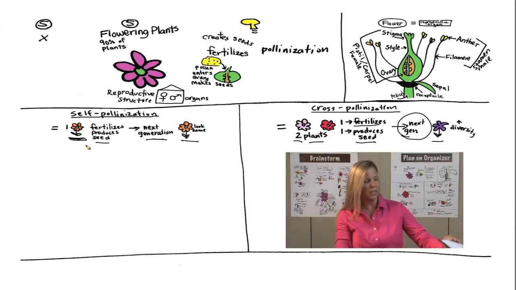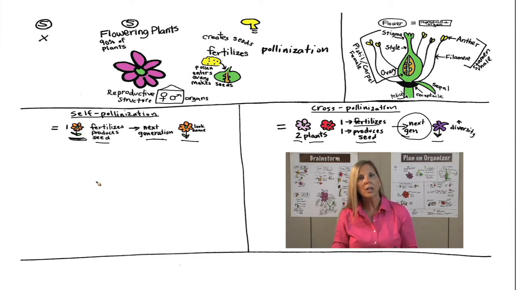So let's go through and see what we did. Self-pollinization. What information do I need to tell about self-pollinization? I gave you the definition to start it off, that it's one plant fertilizes and produces its own seeds so that the next generation ends up looking exactly the same way. Now I need to give you details.